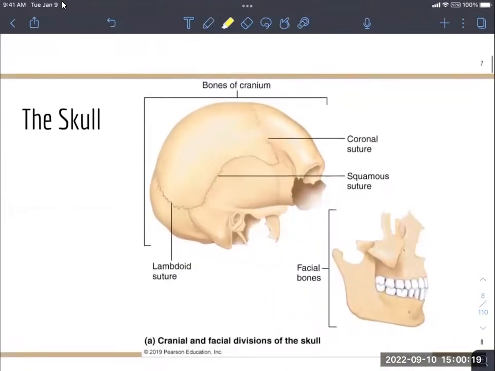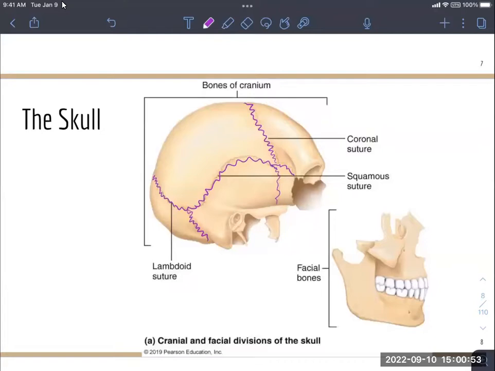So here's some of the different sutures. As you can see, it's a pretty jaggedy line here. And these bones eventually sutured themselves together. These used to be separate bones with cartilage in between when you were a baby. But they grow and they suture together.